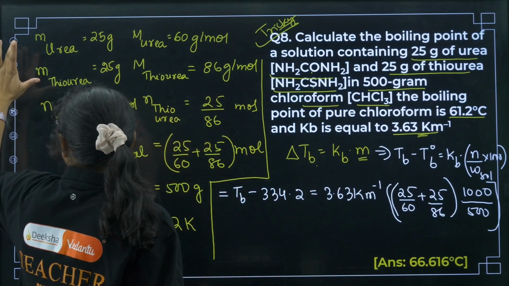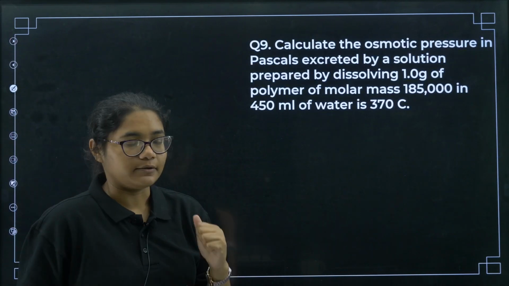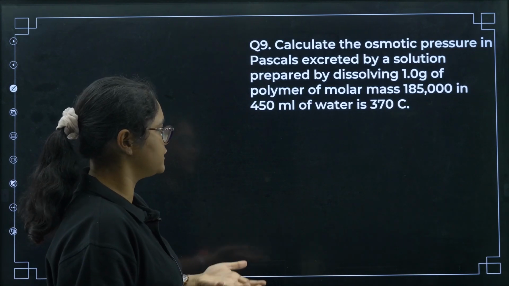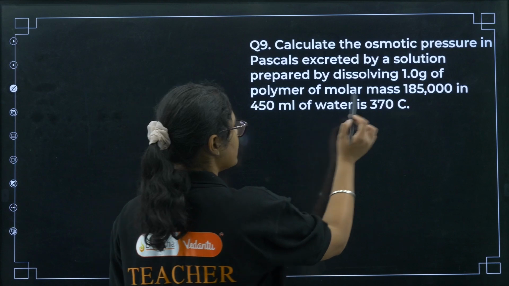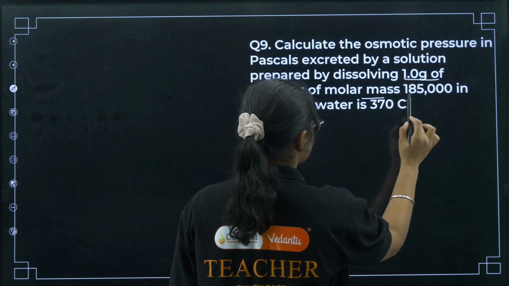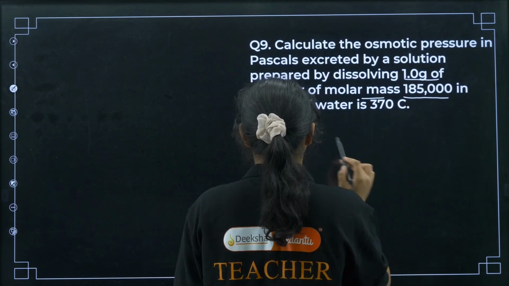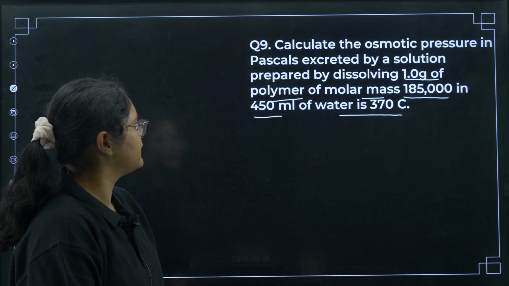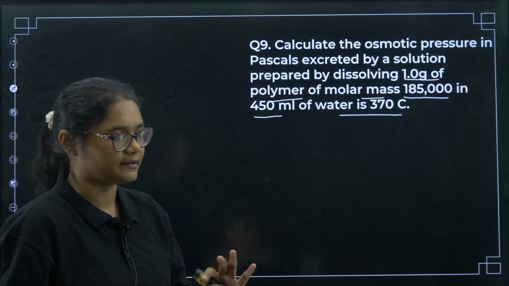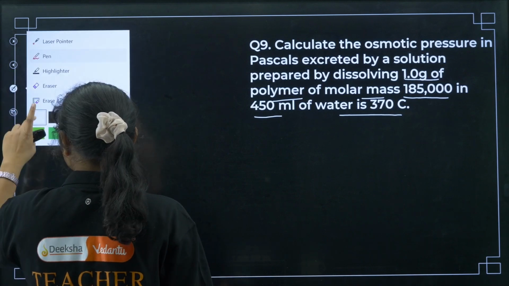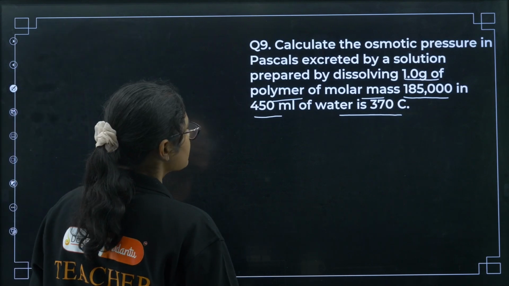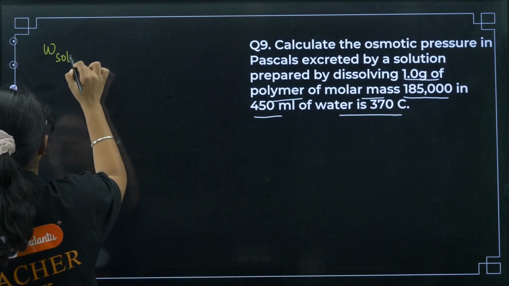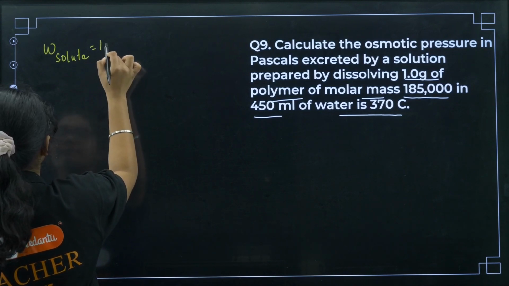Okay. Next is going to question number 9. Calculate the osmotic pressure in pascals exerted by a solution prepared by dissolving 1 gram of polymer of molar mass 1,85,000 in 450 ml of water at 370 degrees Celsius. Let us first write down all the values. Mass of the solute, W of the solute, is 1 gram.